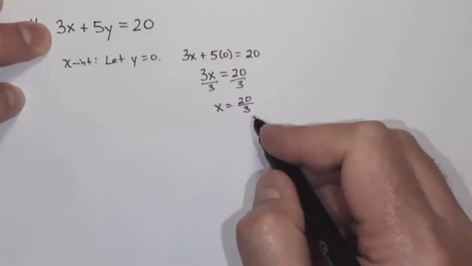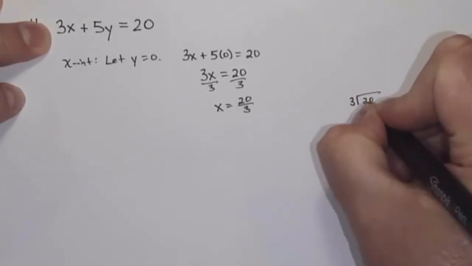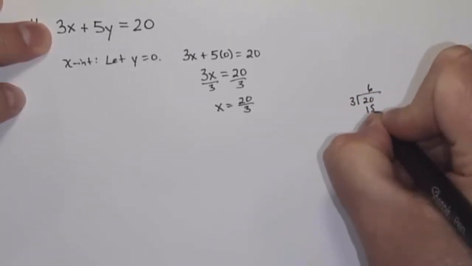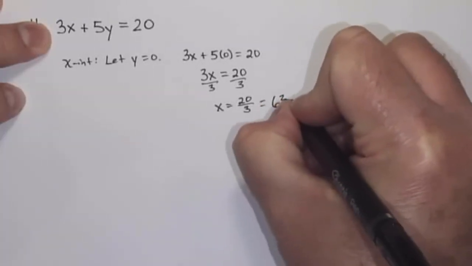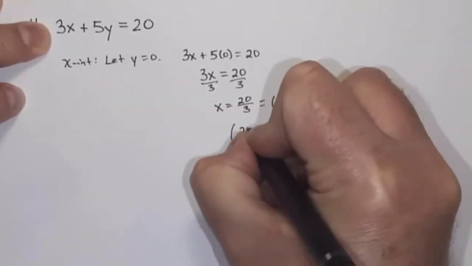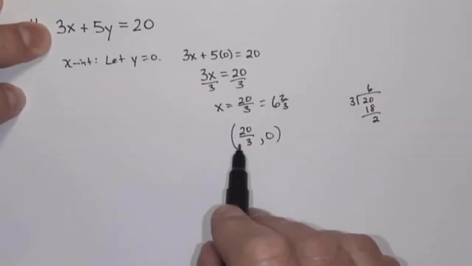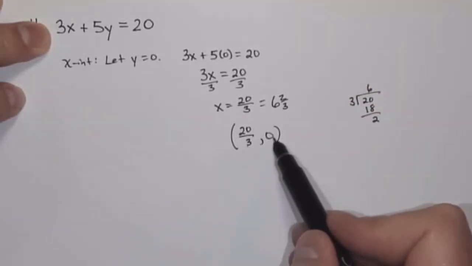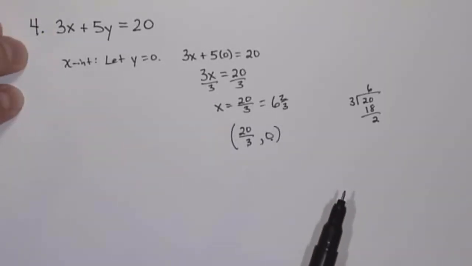That's not going to divide evenly, but if we were to divide 20 by 3, that goes 6 times with a remainder of 2. So this would be 6 2/3. Now, in algebra, we generally don't use mixed numbers. So we would say the x-intercept is the point (20/3, 0), or that's really about (6 2/3, 0).